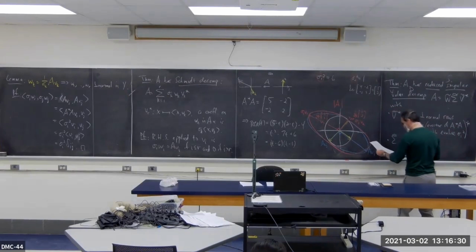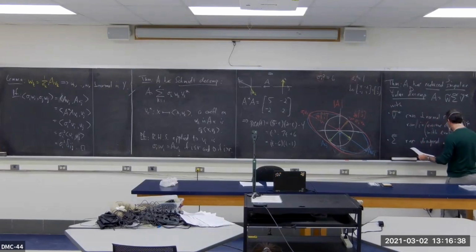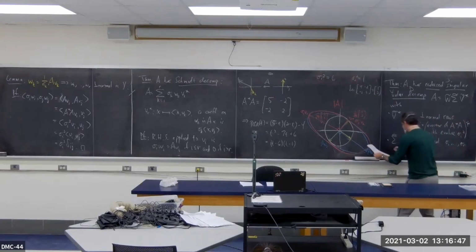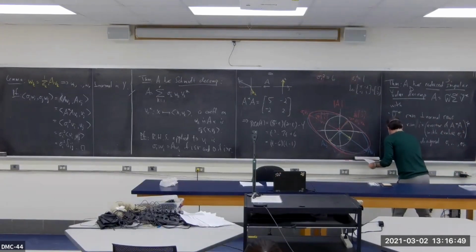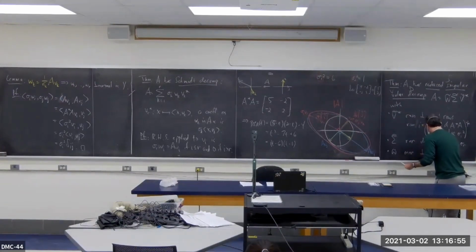Sigma tilde is going to be an r by r diagonal matrix with sigma 1 through sigma r down the diagonal. And then W tilde is going to be an m by r matrix with orthonormal columns.